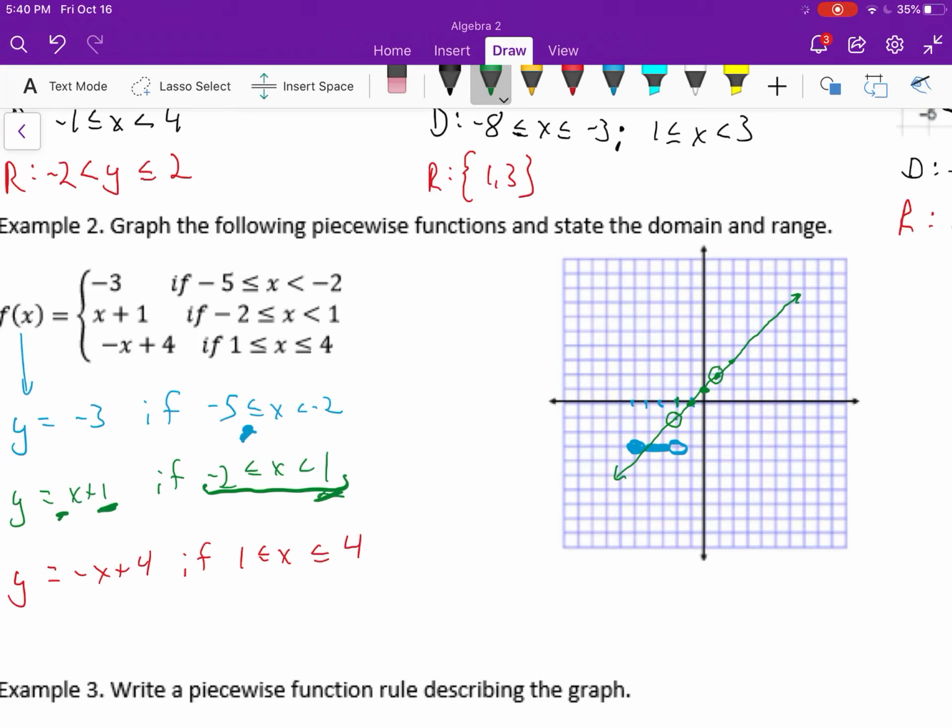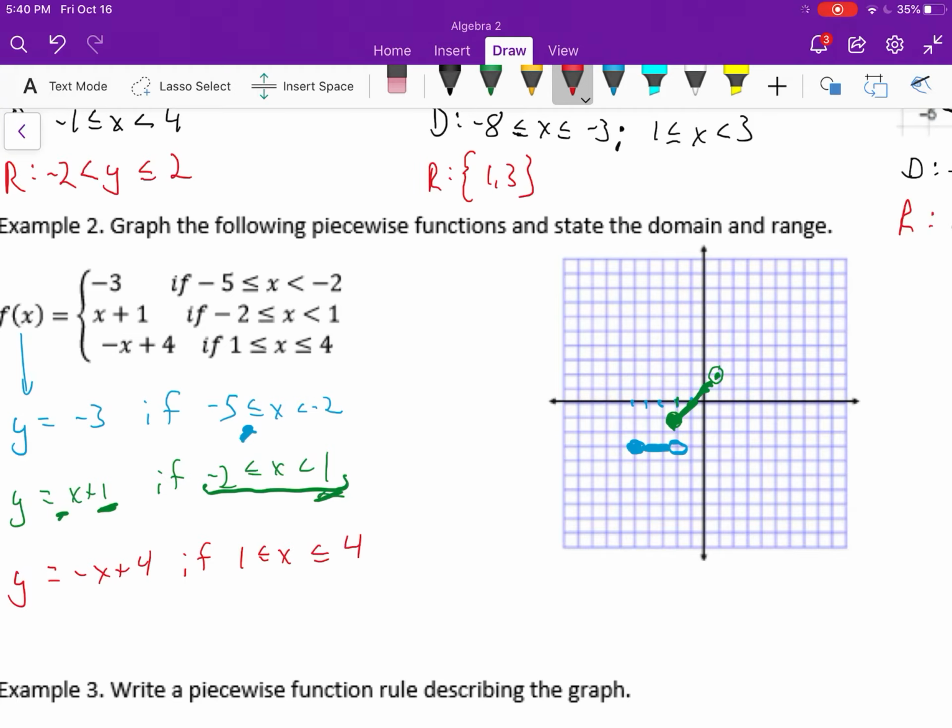And we want to close in the one on the left. Make sure we fill that in between, and then we can erase the rest of our graph. We didn't need that whole thing. Sometimes it's helpful to graph the entire line because you can see it a little better, but then you don't need it after that. Actually, you have to erase it after that because it's not part of the function.